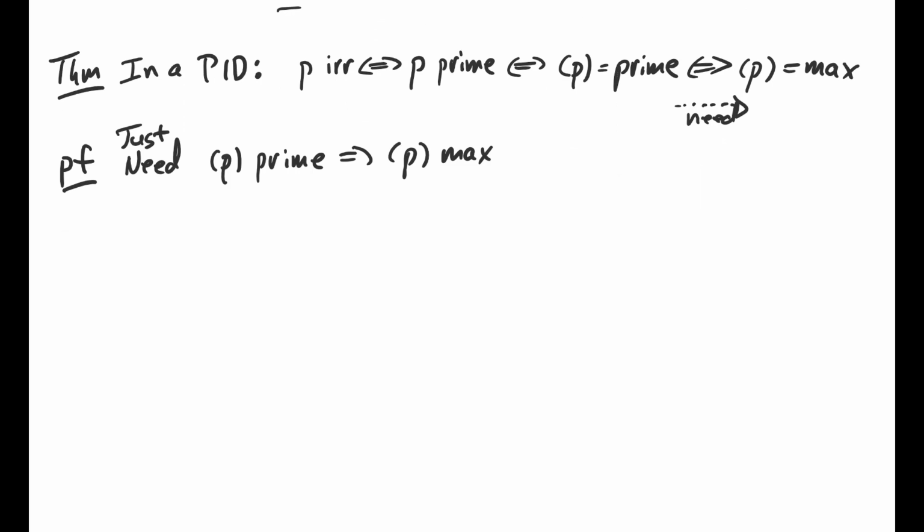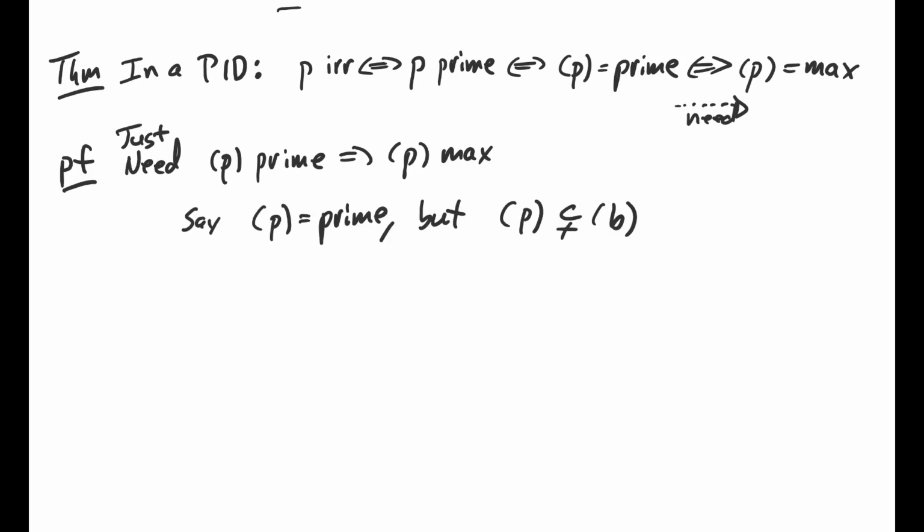Okay, as we just said in words, really the only part of this that remains to be proved is that prime ideals are maximal ideals in a PID. So we'll be doing an argument by contradiction. Start with a prime ideal generated by P, and suppose that it's not maximal. So that means it's contained in some other ideal that's bigger.